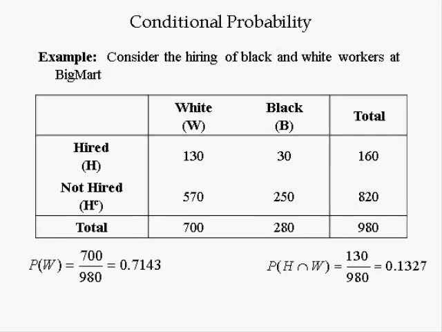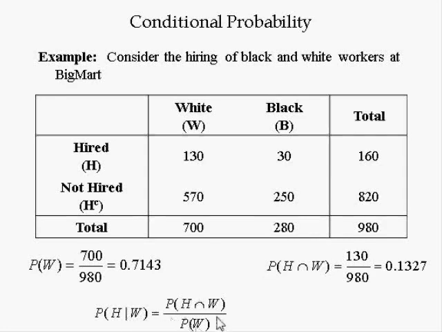The probability that a randomly picked applicant is hired, given he is white, is equal to the probability that a randomly picked applicant is hired and white, divided by the probability that a randomly picked applicant is white. White is behind the line.